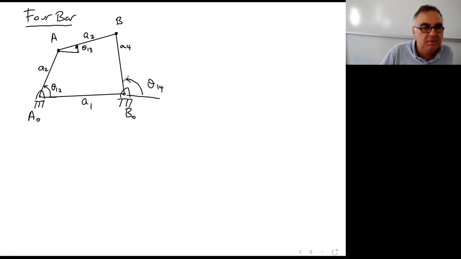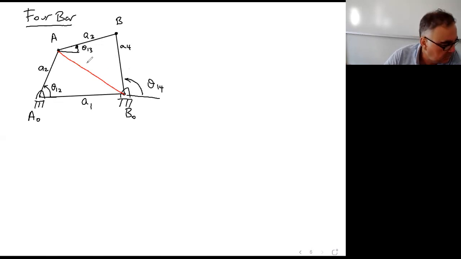Well, we do a trick, which is to construct a line like this, okay? And we call this distance S.